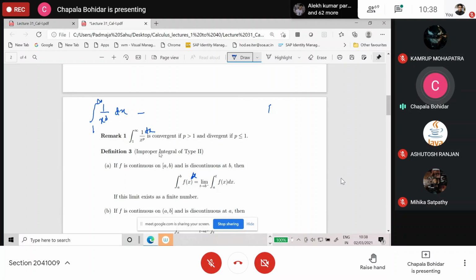I am not considering b, but b minus I can consider. If this limit exists and is a finite number, we solve our problem like this.